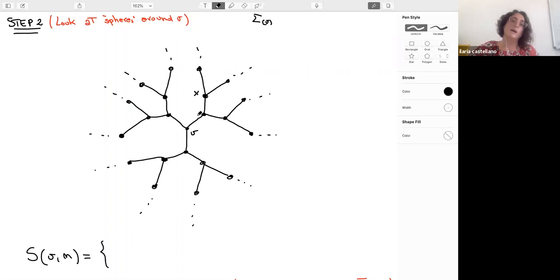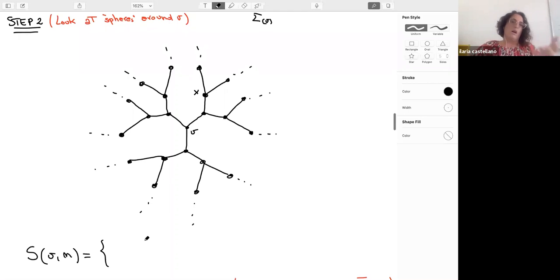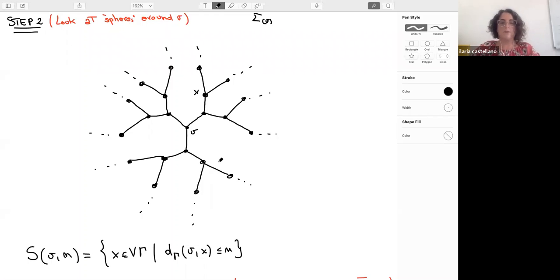I can count the number of edges that form the path, choose the shortest path, and define the length of the shortest path, the geodesic, as the distance between the two vertices. So actually, we can regard a connected graph as a geodesic metric space. In particular, I can, as usual, define the sphere around a point as the set of all elements that have distance less or equal to some given number.